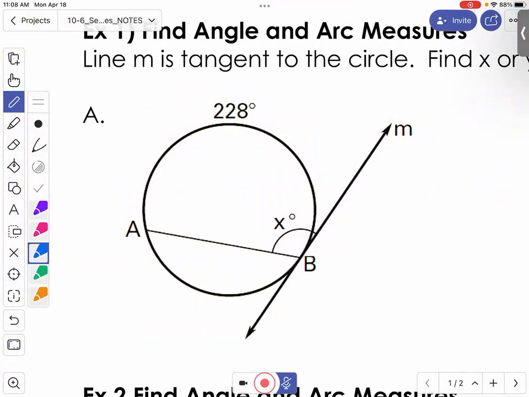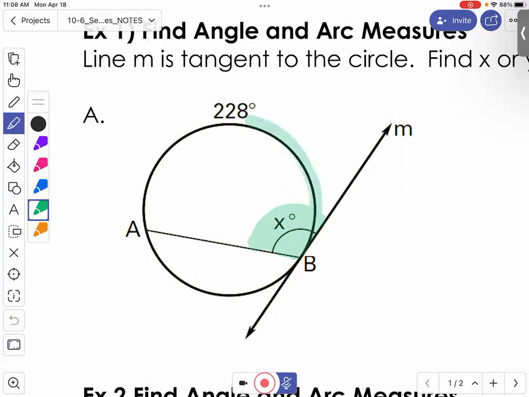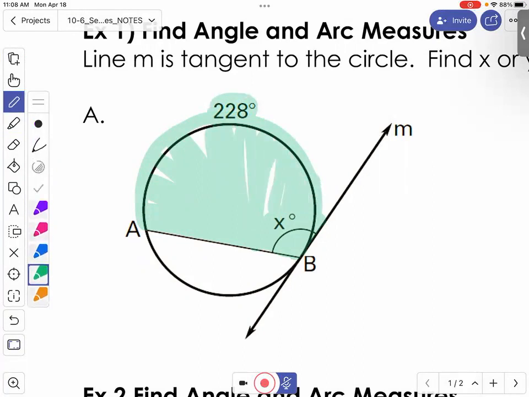So we need to find X or Y. And in this picture, we have an X. So what I have to figure out is I need the arc that is inside this angle that corresponds to that piece. And that happens to be this arc that's at the top for 228. So that is the arc I have to use to get to this angle.